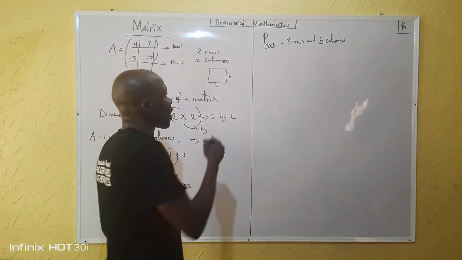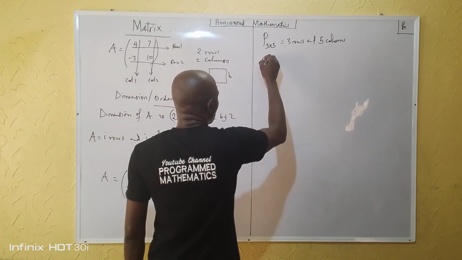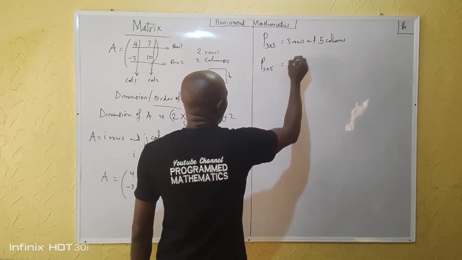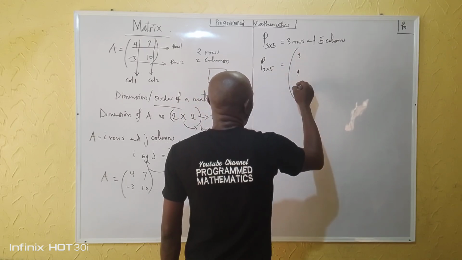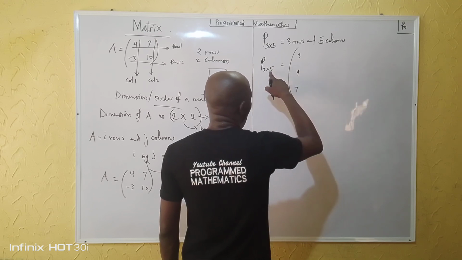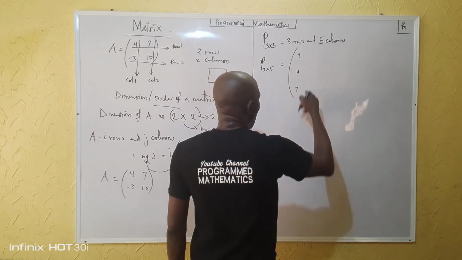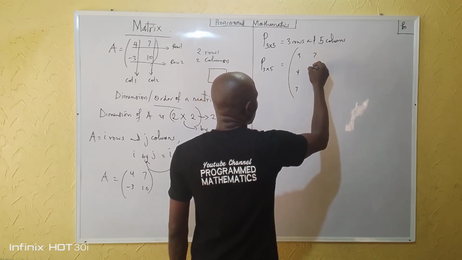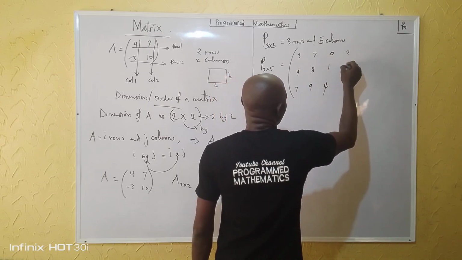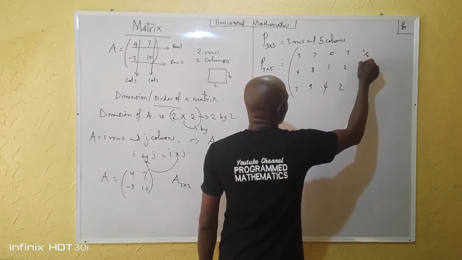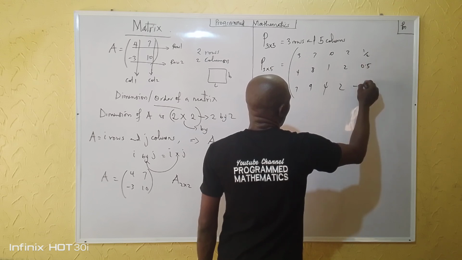If I give you an example of this matrix P, 3 by 5, 3 rows, let me say 3, 4, 7, and I'm putting 5 columns now. So I'm going to have the first column, then let's say 7, 8, 9, 0, 1, 4, 2, 2, 2, 1 over 2, 0.5, minus 4.